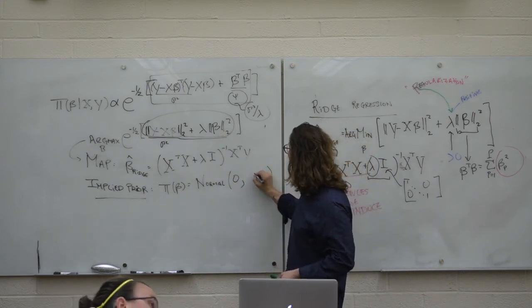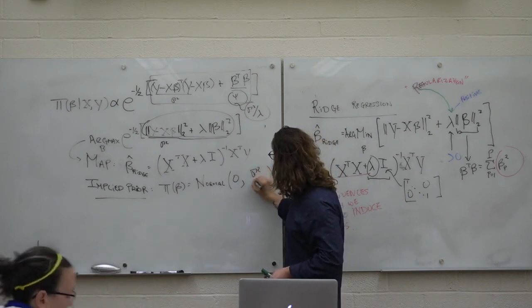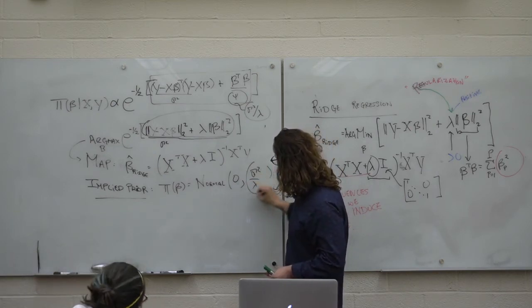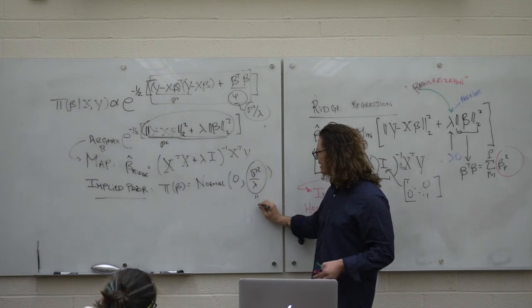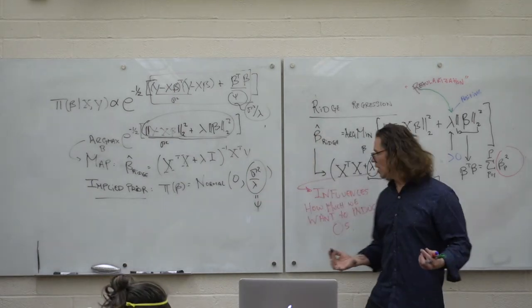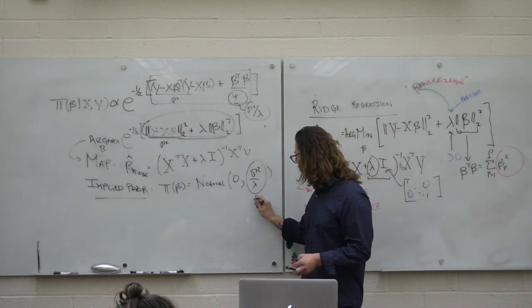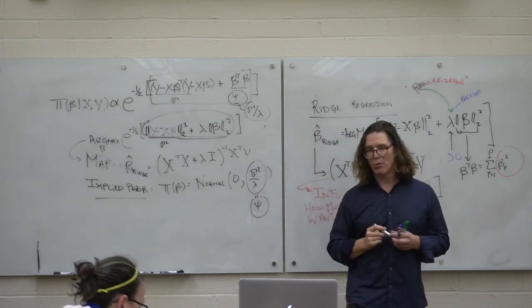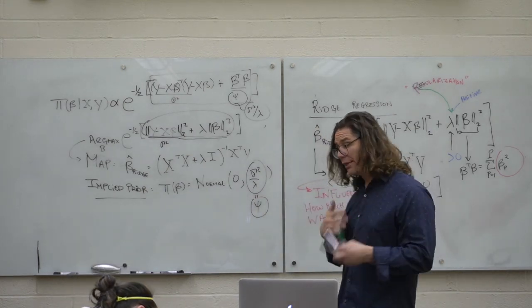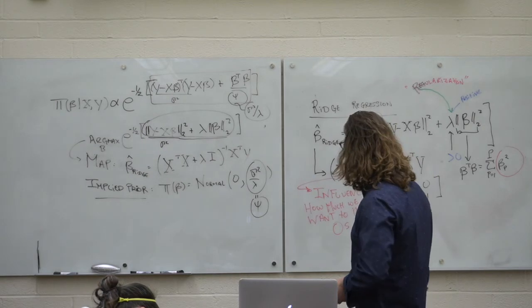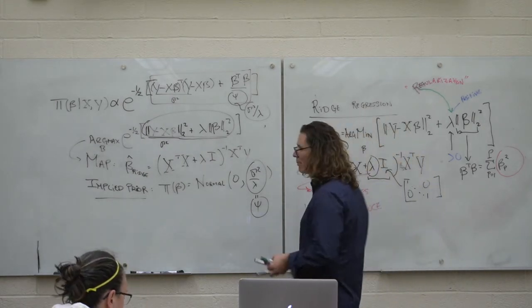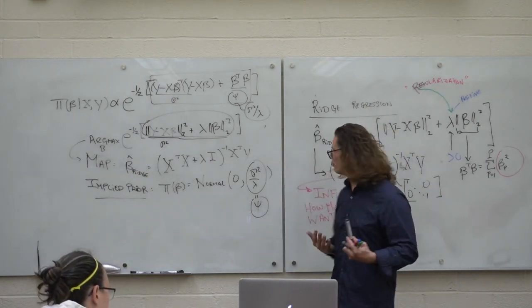And I'll just be consistent and say that that variance is sigma squared over lambda. Now, you just pick this to be something. I don't know what sigma squared is. I'm going to try to estimate what a good lambda is that gives me a good solution. Now, you have to come up with some criterion as to what is a good solution.